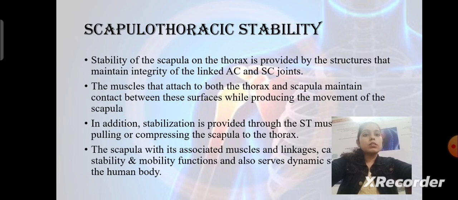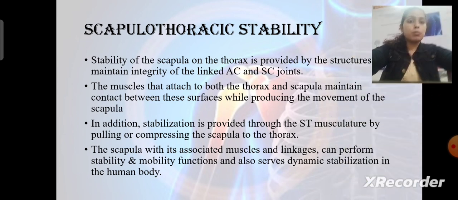Now, scapulothoracic stability. The stability of the scapula on the thorax is provided by the structures that maintain the integrity of the linked acromioclavicular and sternoclavicular joints. The muscles that attach to both the thorax and scapula maintain contact between these surfaces while producing the movement of the scapula.